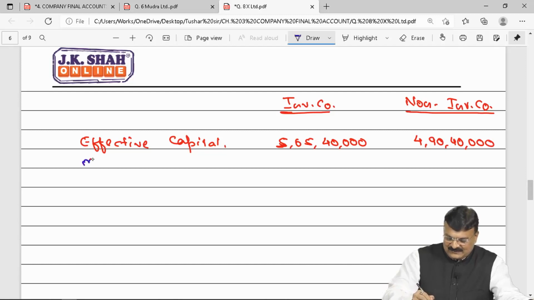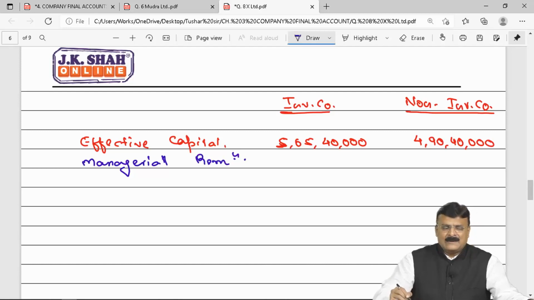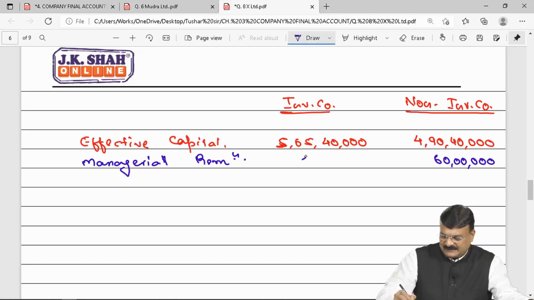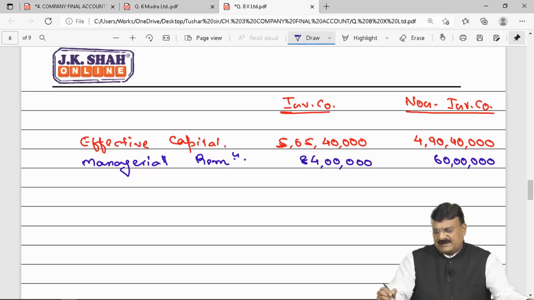So your maximum managerial remuneration should be up to 60 lakhs here, and here the maximum you can pay as annual managerial remuneration is 84 lakhs. So that was the calculation of managerial remuneration where a company is suffering from losses.